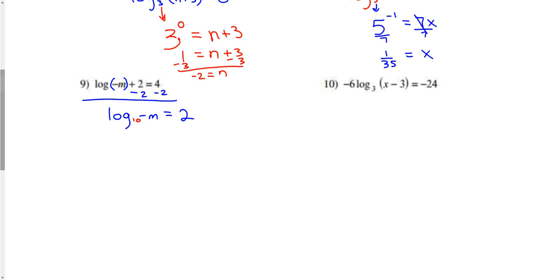So I need to know that because when I convert, this comes down into a regular 10, and then these two things switch. So this is 10 squared equals negative m. That's 100 equals negative m. So I just have to divide by negative 1. So I get m equals negative 100.